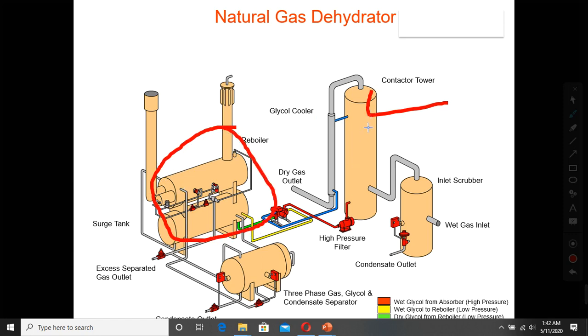Here the glycol and the gas meet, and the water is absorbed by the glycol, and the glycol comes out with it. The dry gas goes out of here, and the rich glycol goes from this high pressure filter through this process inside this reboiler, where we give it a very high temperature.